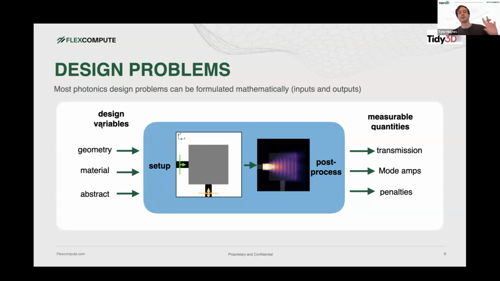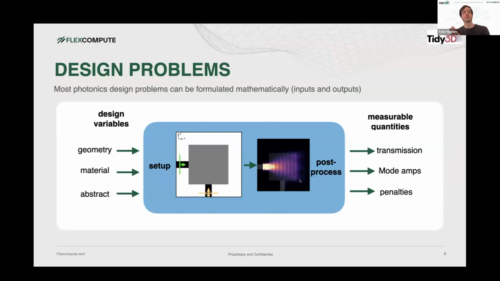Typically, these design variables are the inputs to some figure of merit function. They set up your device, or your simulation. So these design variables come in as inputs, they set up your simulation, and then you use a simulation tool like FDTD to compute the electromagnetic fields in your device.